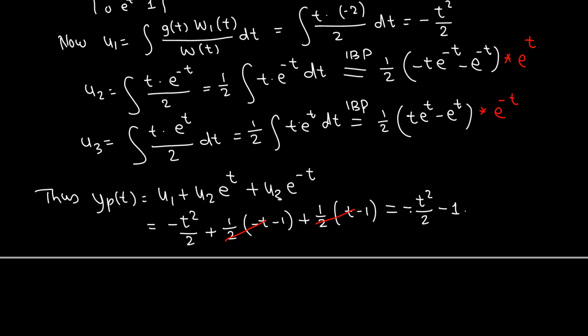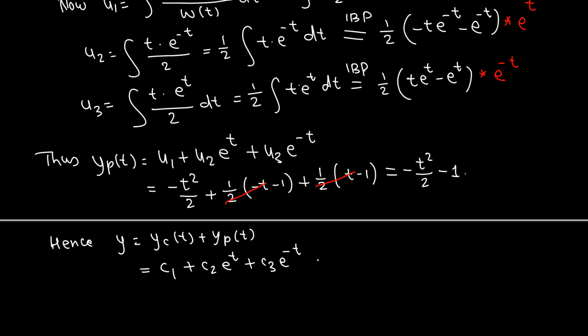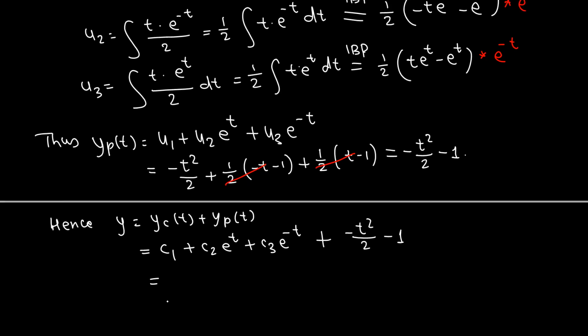So that's yp, and hence the solution y is complementary solution plus particular solution, and this yc was c1 plus c2 e^t plus c3 e to the negative t, plus we just found yp here, negative t squared over 2 minus 1.